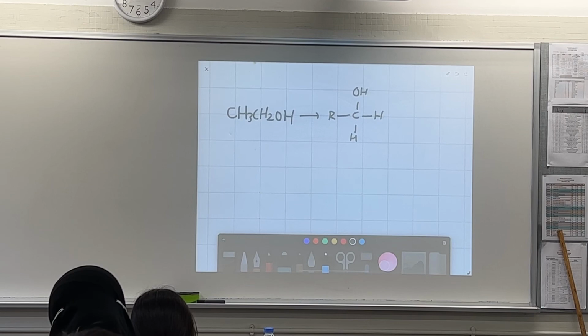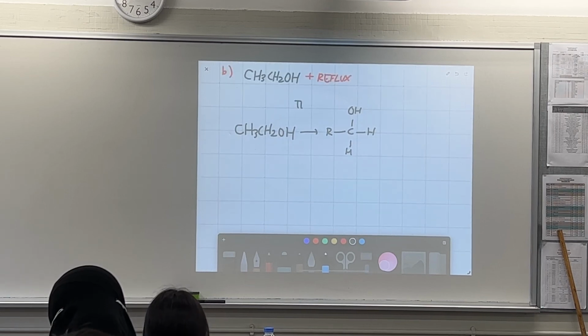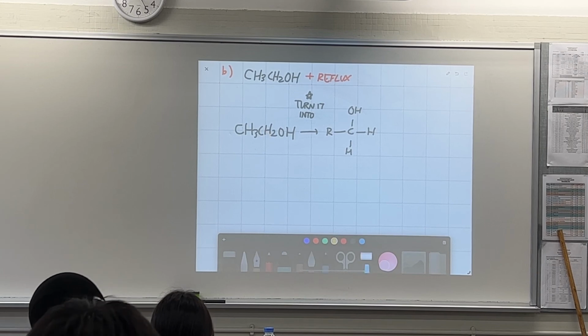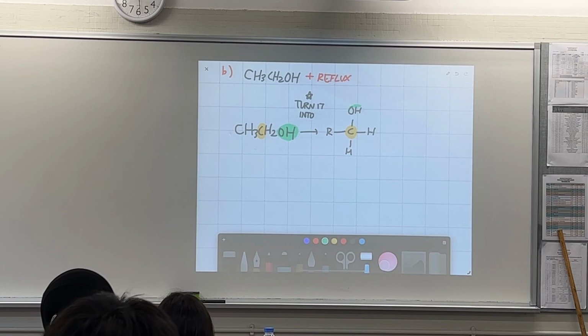Let's draw all the bonds. Which of these carbon is the carbon connected to the OH? Is it this one or the second one? The second one. Maybe using some highlighter will help. Highlight the OH group in here. So we have C, OH, H, and H.